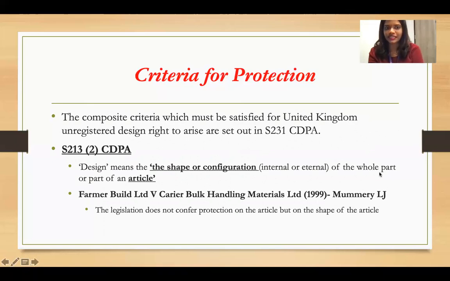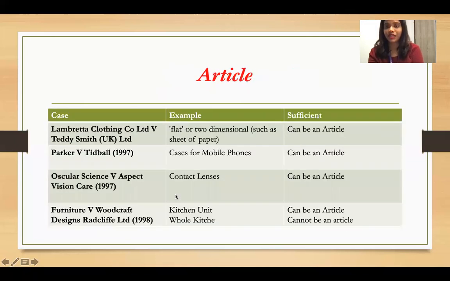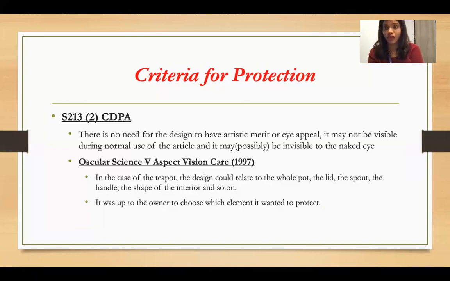If you see this section here, 213, it can be either the whole or part of an article. This is something I want to explain under the case of Oscula Science. Why? Prior to this, if we allowed the whole or some part to rely on unregistered design, I wouldn't be able to know if someone has infringed. Just say I am a designer and I came up with this pen.